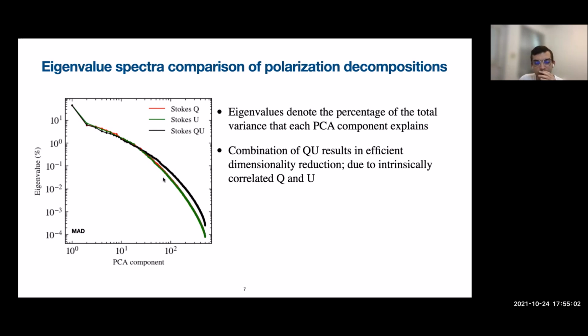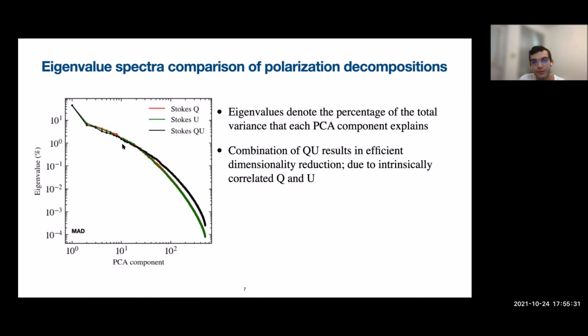And so what I want to focus on here is that if we compare the behavior of the curve that resulted from the combination of Stokes Q and U with the behavior of the rest of the analysis, which corresponds to the individual analysis, you will notice that the behavior is very similar. It's virtually the same one. And very specifically in those first 100 components, it is essentially the same behavior.